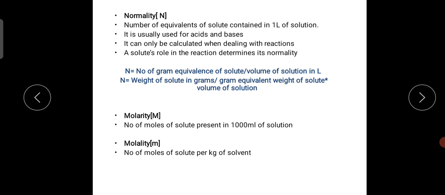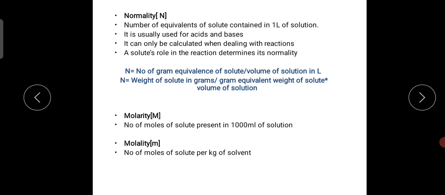Normality means the number of gram equivalents of solute present in 1 liter of solution. Actually, it is mainly used for acids and bases, and mainly calculated for titrations only. The normality value is always related to the solute's role in the solution.